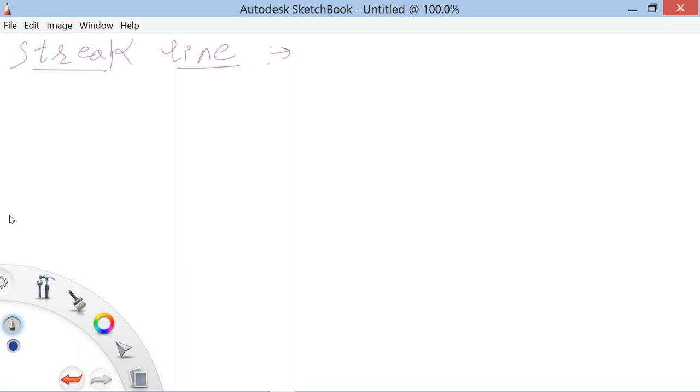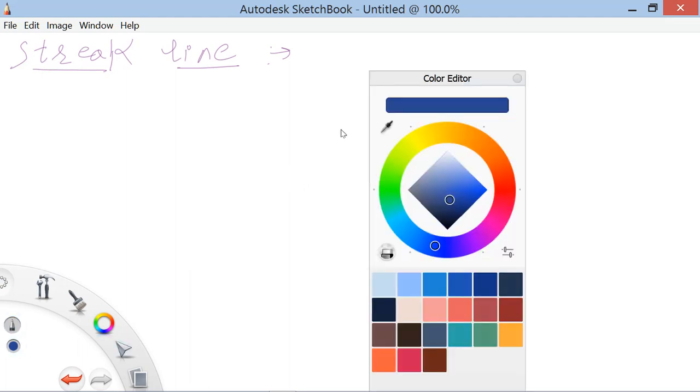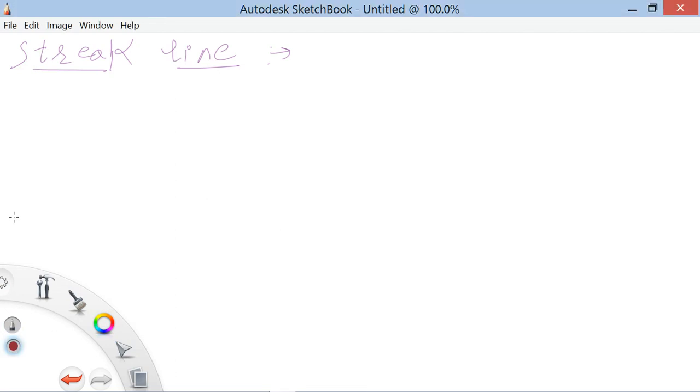Such types of questions will be asked. So what are these that we will study? The difference between steady flow and unsteady flow, that we will see first.